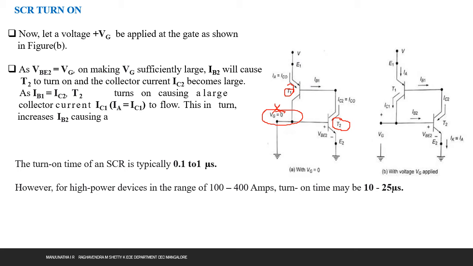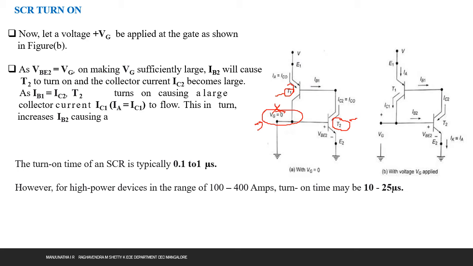If Vg is equal to 0, both transistor T1 and T2 are turned off, so the SCR is in non-conducting mode and is not going to give any output. We should always remember that.